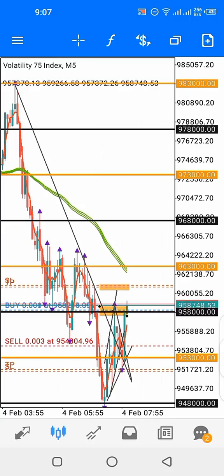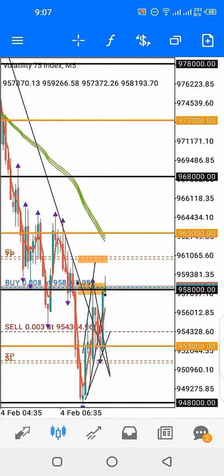So there's no need to place the remaining sell stop order because it is obvious on the screen that the buyers are in charge. Looking at the three long green candles on the screen, on the 5 minutes time frame, it shows the strength of the buyers.